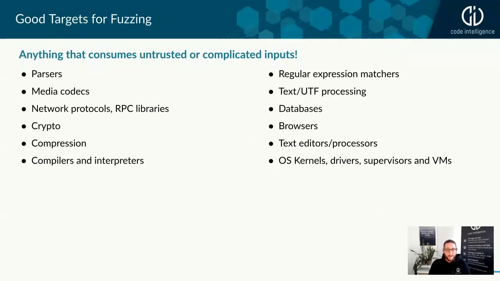Classic examples are parsers or media codecs, protocols in general, a lot of crypto stuff, compression, like I mentioned before, but even compilers, browsers, databases, all the stuff that has to handle complicated input, or as I mentioned, untrusted input. These are very good use cases for fuzzing.